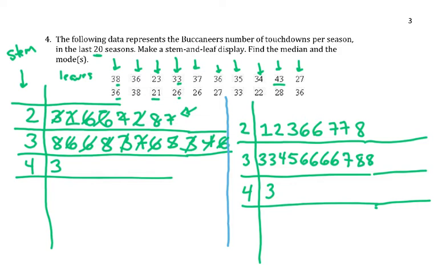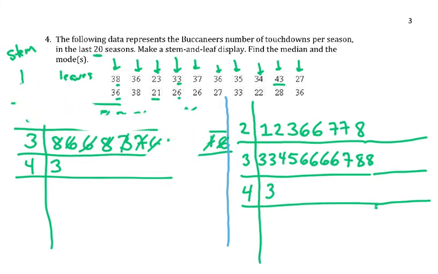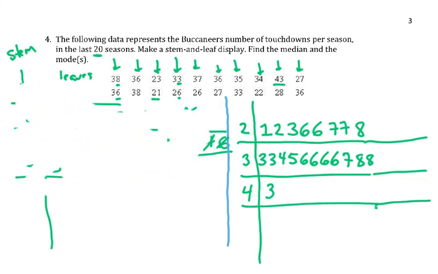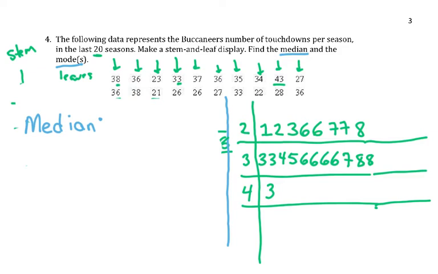Okay, so now we can answer the questions. I'm going to get rid of this one over here, so we don't need it anymore. And we will see, what do we need to do? We want to find the median and the mode or modes. So the median, well, we have what? N equals 20. So if you divide n by 2, that equals 10.